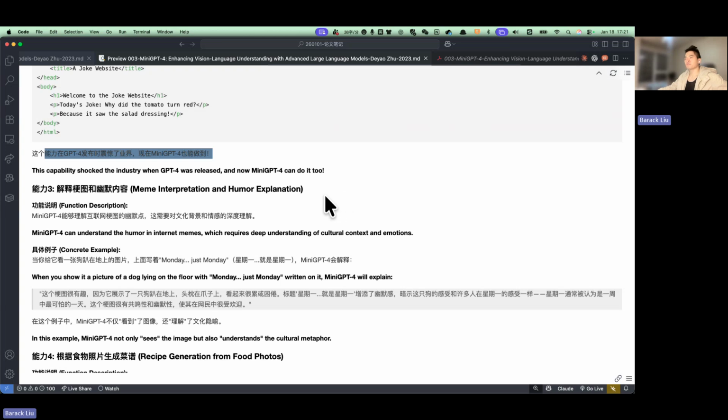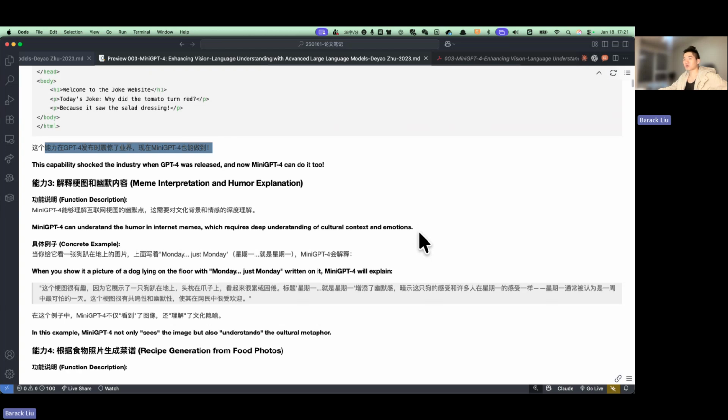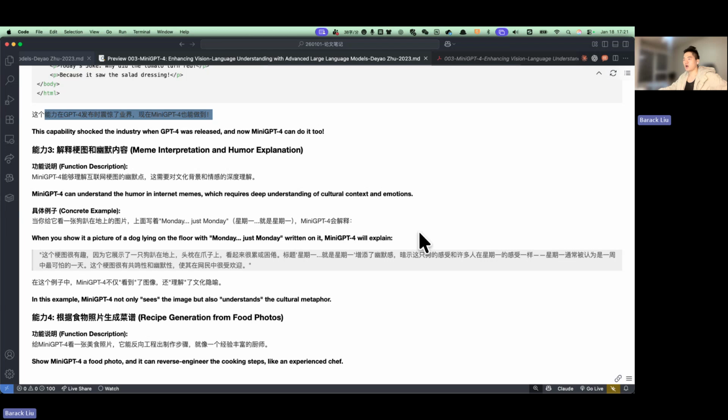Ability 3, meme interpretation and humor explanation. Mini GPT-4 can understand humor in internet memes, which requires deep understanding of cultural context and emotions. We show it a picture of a dog lying on the floor with Monday written on it. Mini GPT-4 will explain.